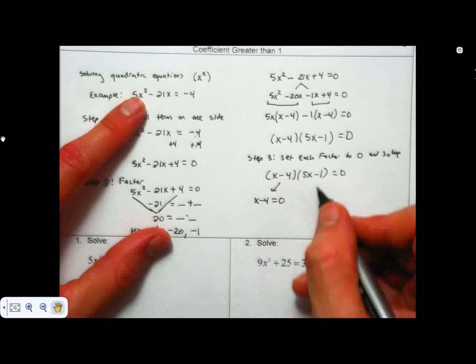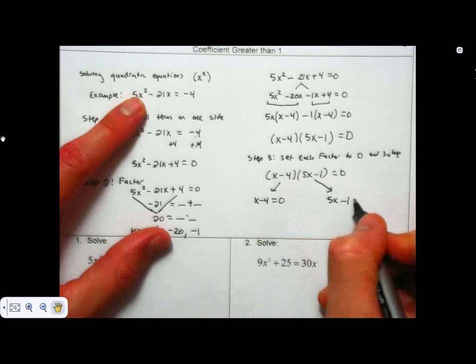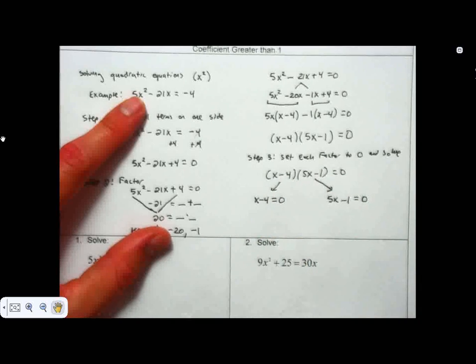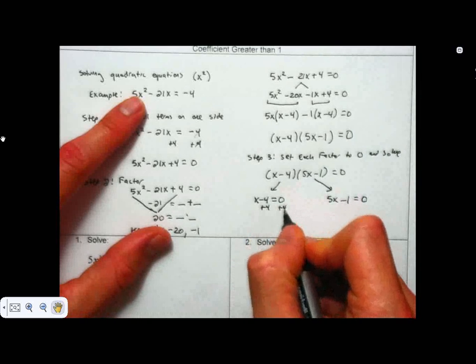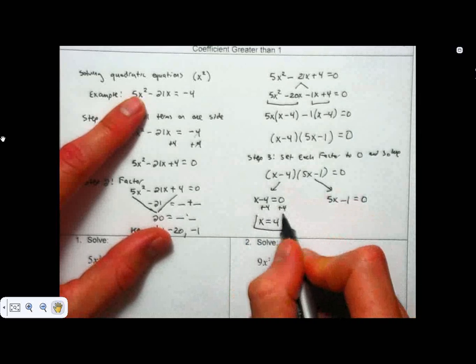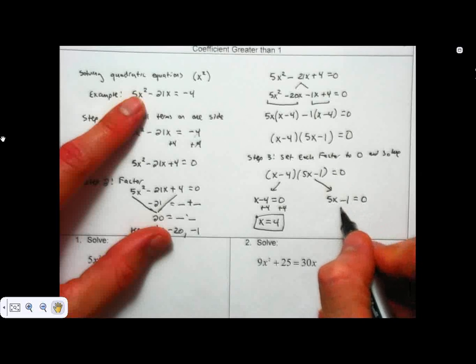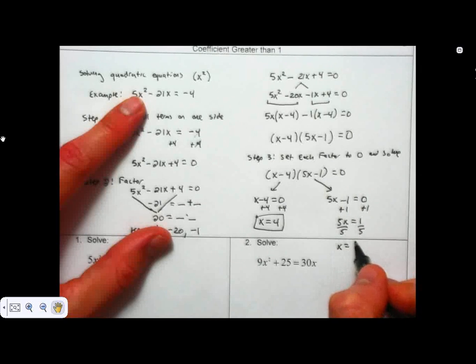And then I'm going to take the second factor, which is 5x minus 1, and set it equal to 0. And I'm going to solve each one. So if I solve the first one by adding 4 to both sides, I'll have x equals 4. That's one solution. If I take the second guy and solve it, add 1 to both sides, I get 5x equals 1. Divide both sides by 5, and that gives me x equals 1/5.